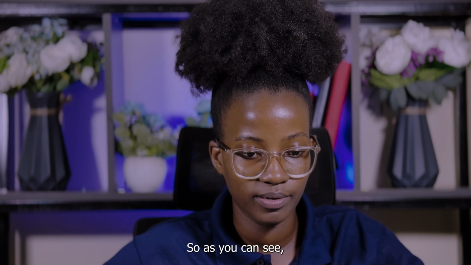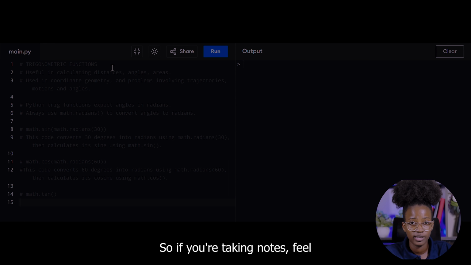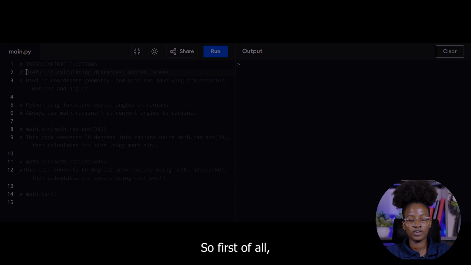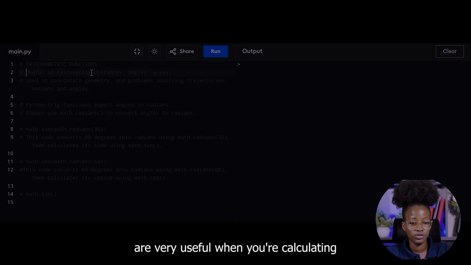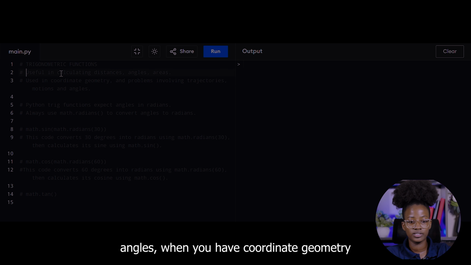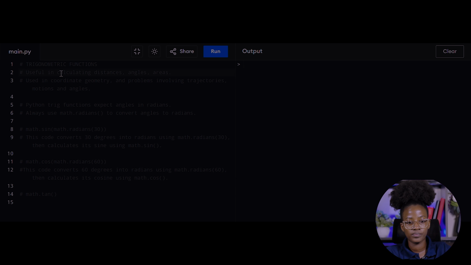As you can see, I have some pre-written notes here. If you're taking notes, feel free to copy these. First of all, the trigonometric functions we're going to look at are very useful when you're calculating distance, area, angles, when you have coordinate geometry, and problems involving trajectories, motion, and angles as well.